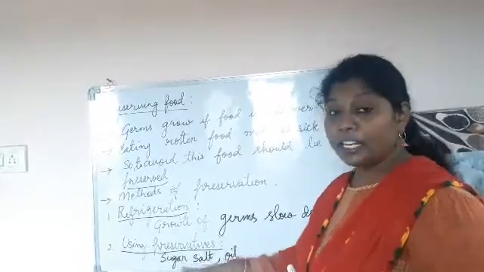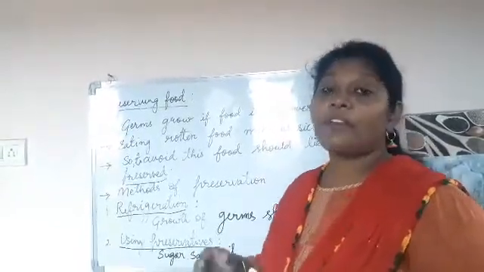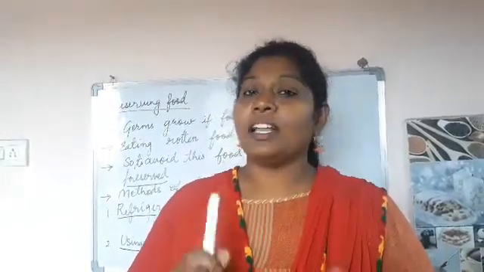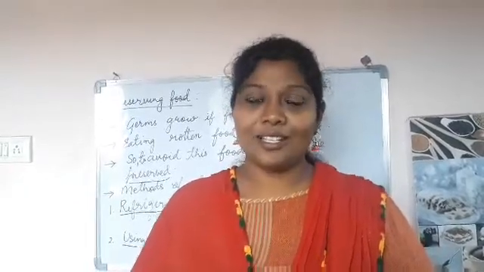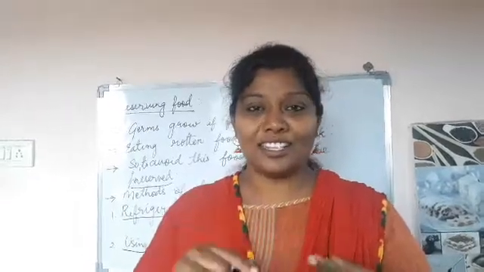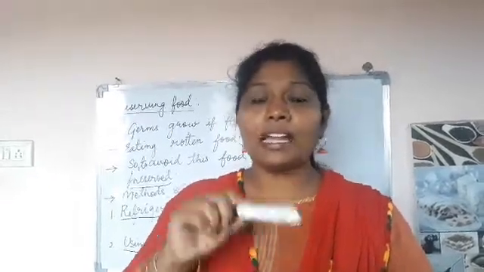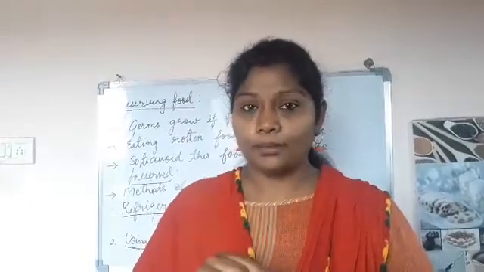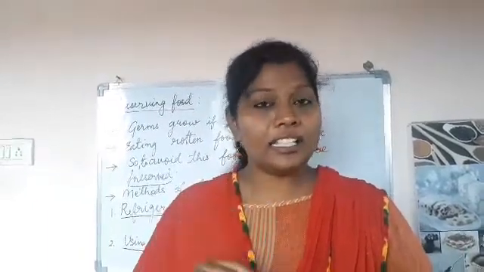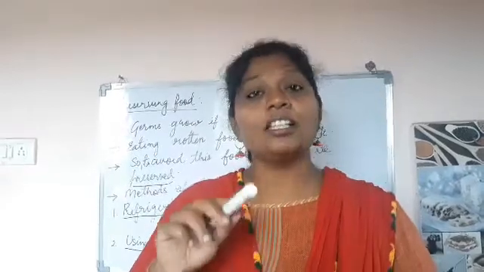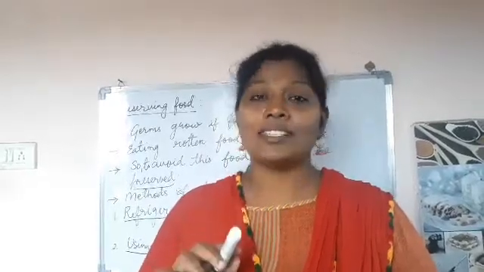By adding any of these preservatives, we can store food materials like pickles, jams and jellies. Everyone loves to eat all these three things: pickles, jams and jellies. In the pickles we add salt and oil, and in the jams and jellies we add sugar or sugar syrup. Okay, children?